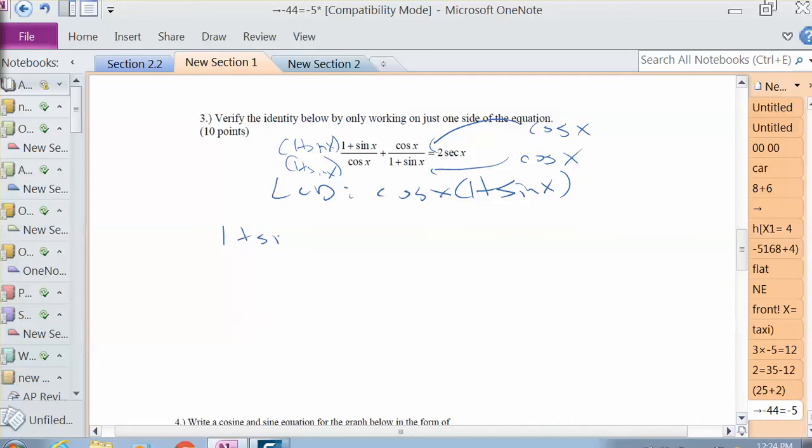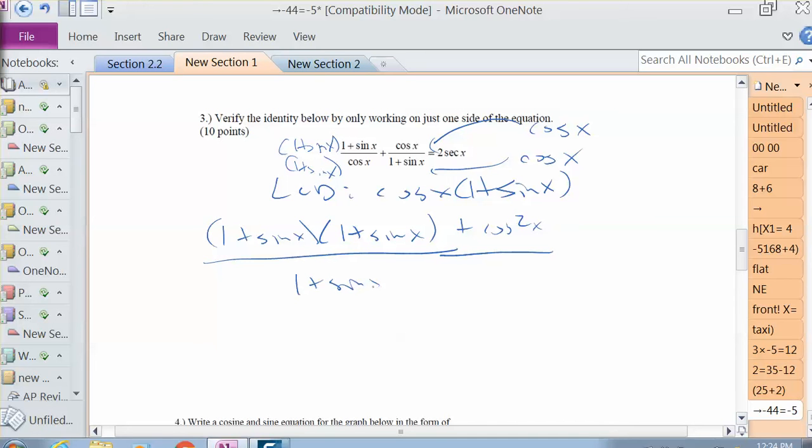So you have 1 plus sine x times 1 plus sine x, and then plus cosine squared x over 1 plus sine x times cos x equals the other side.